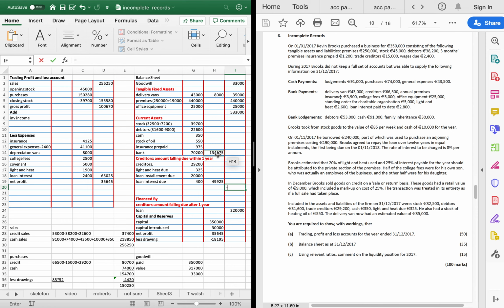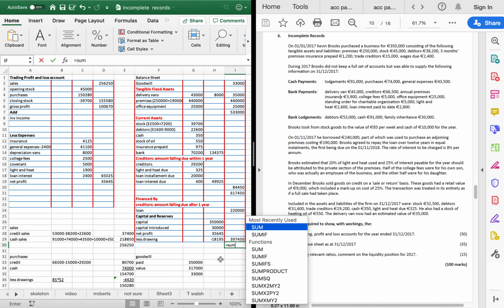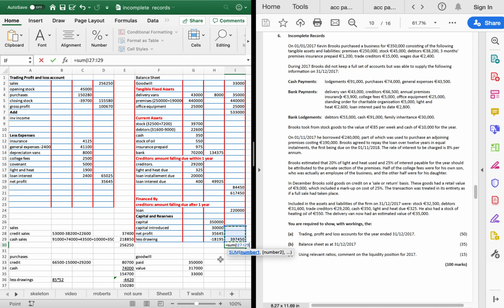Take them away from each other, and you get a working capital of that. And add them on. 617,450. I hope this balances. So add these three numbers together and take away your drawings. Remember, you have to take away your drawings. Then add on your loan. And hopefully it adds up to 617,450. It does. Happy days, it balances.